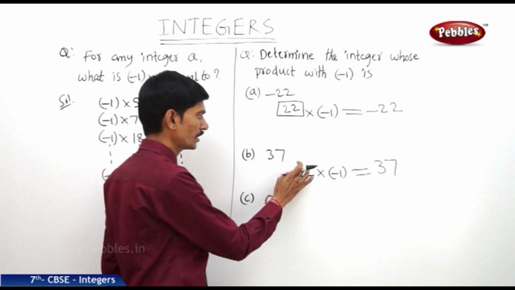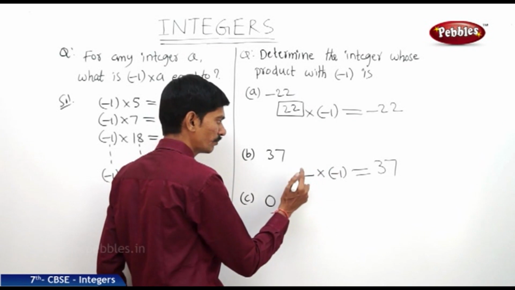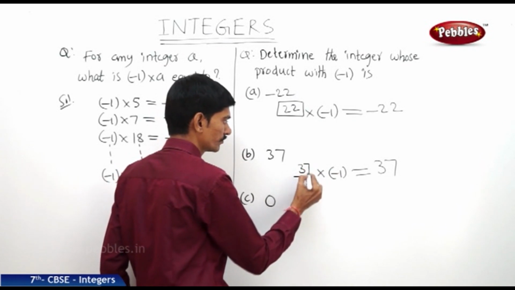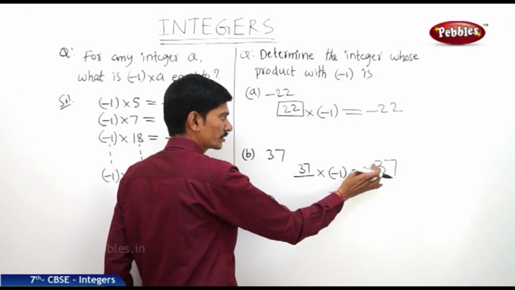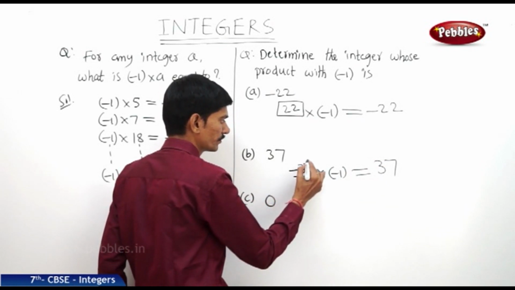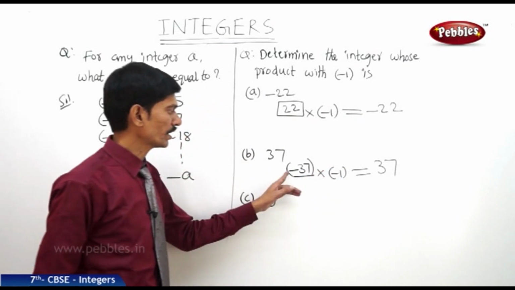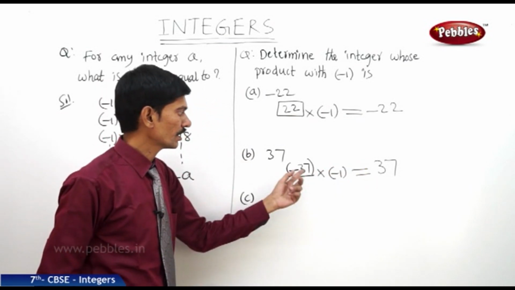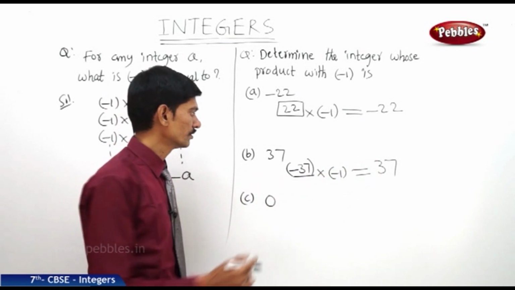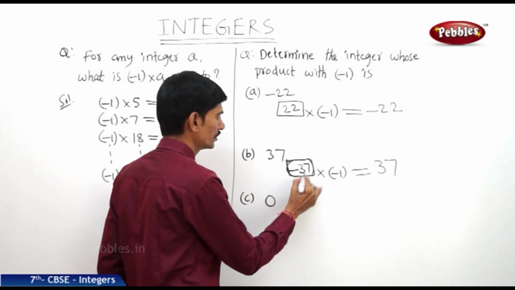So what should be taken here to get the number 37? 1 should be multiplied by the same 37, but as the product is a positive number, here also we will take the negative number, minus 37 into minus 1. So here minus into minus is plus and 37 ones are 37. So the required number is minus 37.